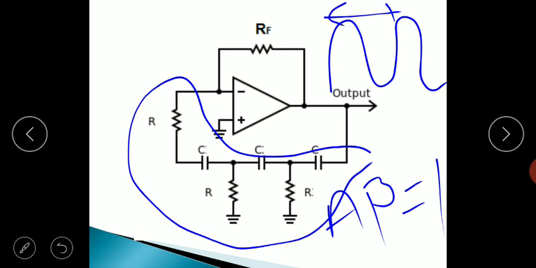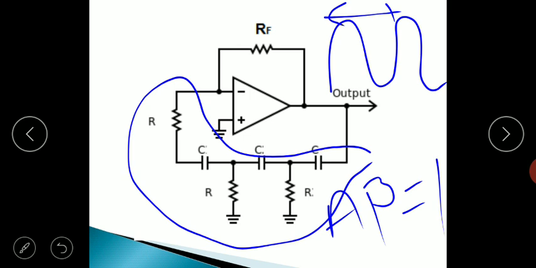So now we'll see how we can get the frequency of oscillations of this particular circuit. One thing you should remember here, we are not going to do any derivation for the frequency of oscillation, right? We just have to mention the formula for the frequency of oscillation and which elements the frequency depends on.